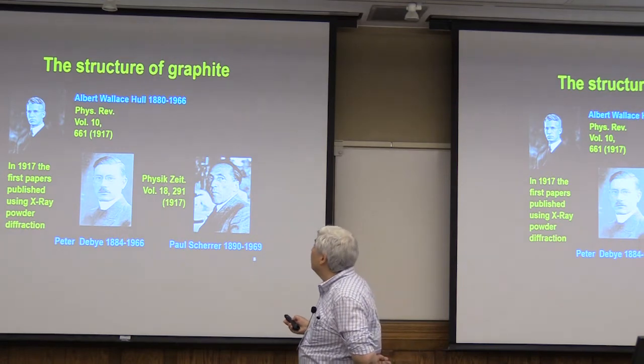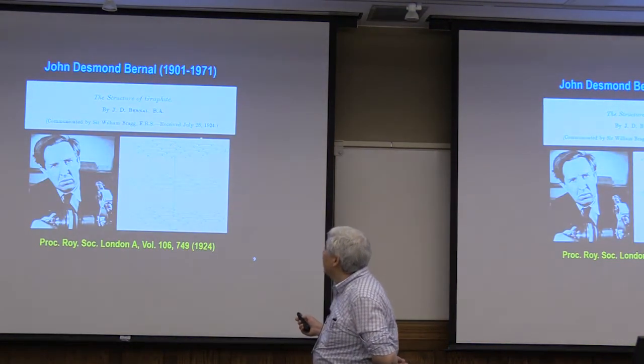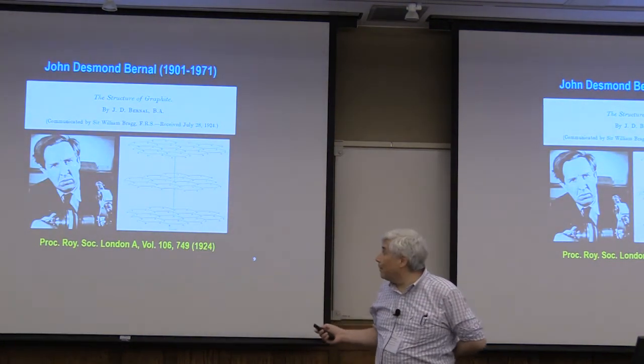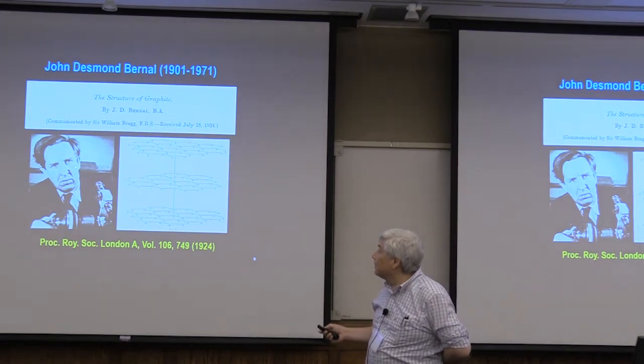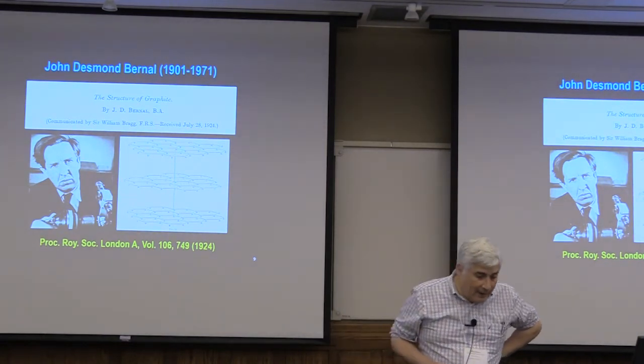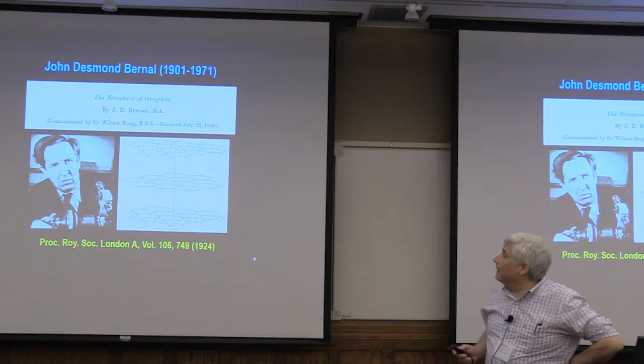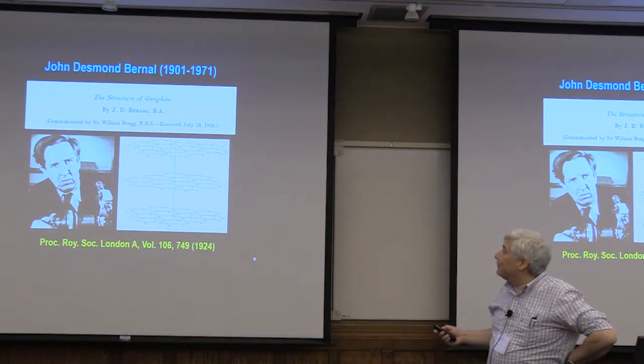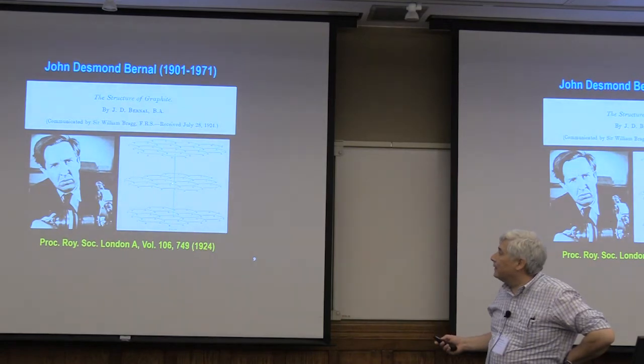He was working in Cambridge at the age of 23. Here he is older. He is John Desmond Bernal, and he, by X-ray diffraction, found that the stacking was AB stacking.